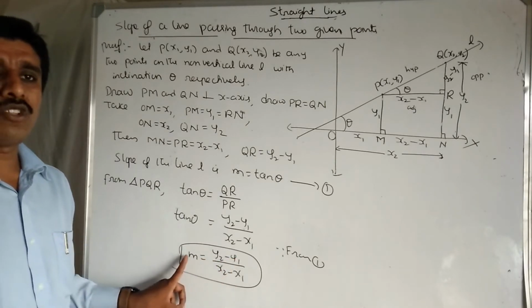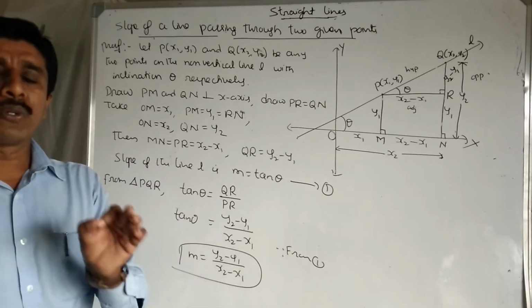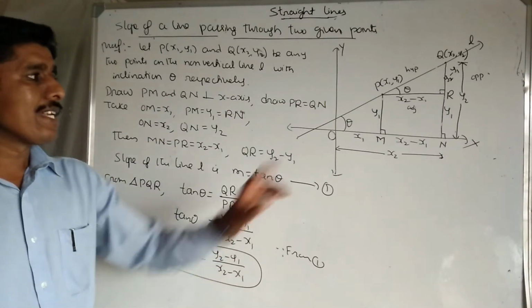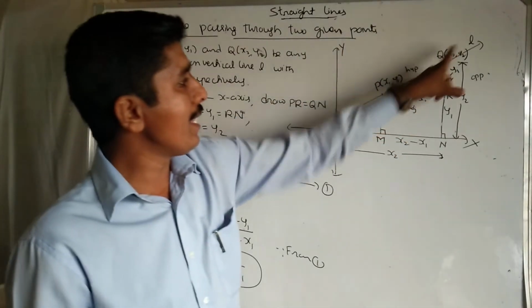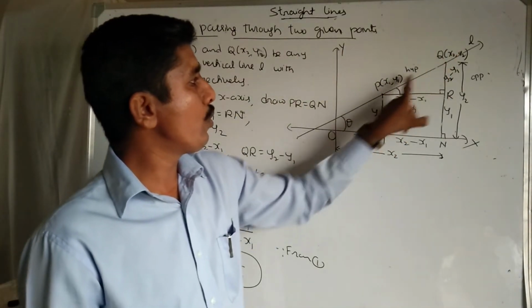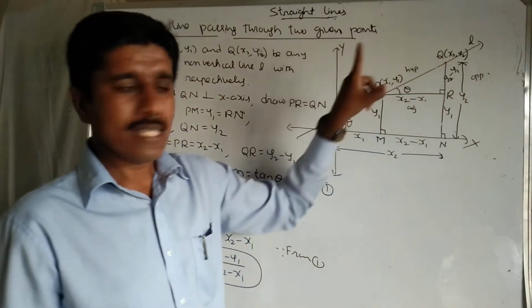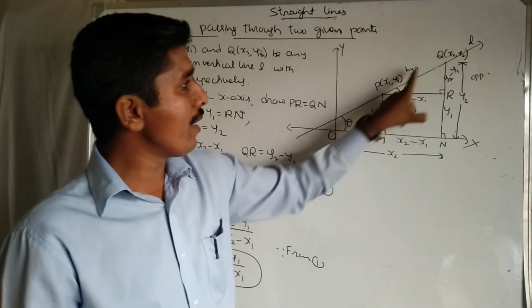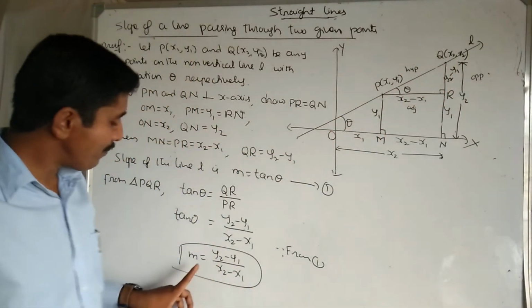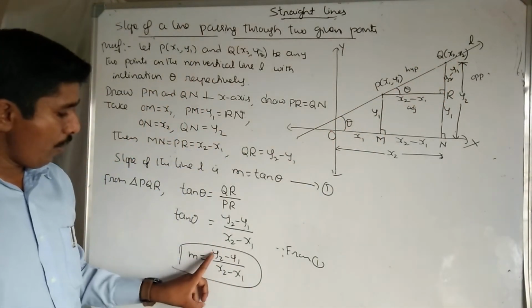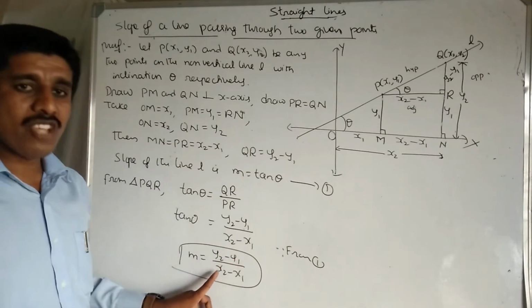This is called the slope of the line passing through two given points x1 comma y1 and x2 comma y2. The slope of the line L passing through two given points P of x1 comma y1 and Q of x2 comma y2 is given by the formula m equal to y2 minus y1 divided by x2 minus x1.